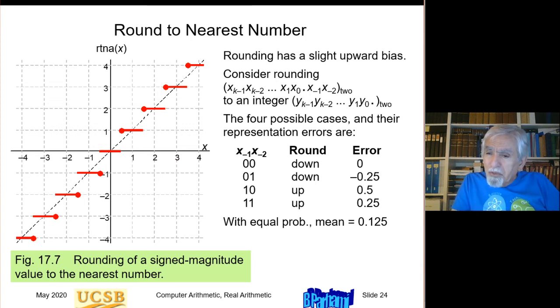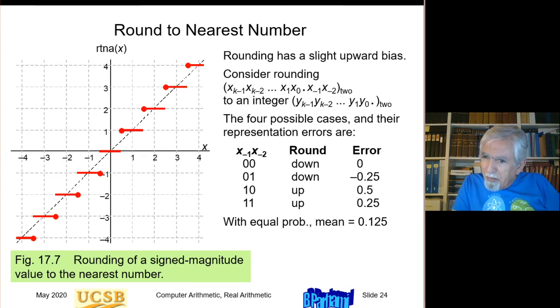Suppose I'm trying to round a number that has 2 fractional bits. So there are a bunch of whole bits and 2 fractional bits that I'm trying to get rid of. When those 2 fractional bits are 0, then I round down. Basically, I ignore those zeros and commit no error, because those bits that I got rid of are zeros. If those bits are 0, 1, then I chop and commit an error of 1/4.